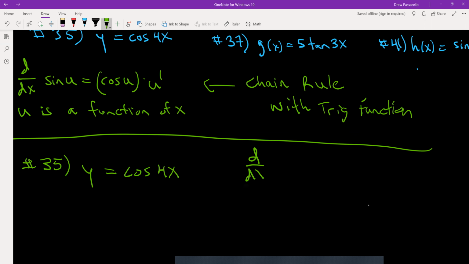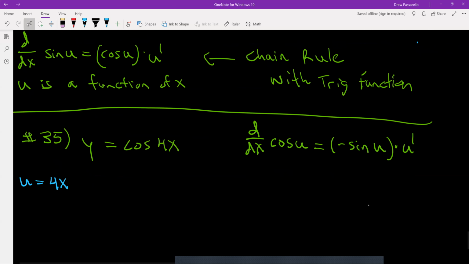From the previous section, the derivative of cosine is negative sine, so it's going to be negative sine of u times the derivative of the inside, and the inside function in this case is 4x. So for our example, u is going to be 4x. That's our inside function.